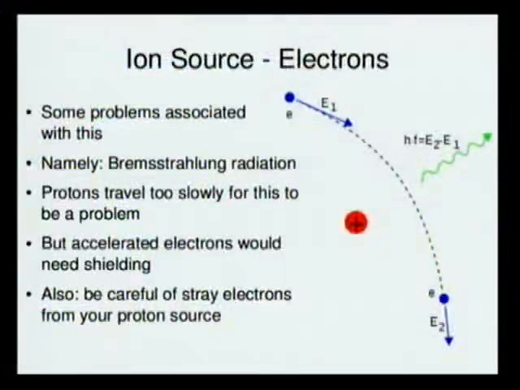Now, as promised, here's the bit about electrons. When you accelerate charged particles on a curved flight path, you get something called Bremsstrahlung radiation, which is basically photons in the soft X-ray range that come out perpendicular to the flight path.